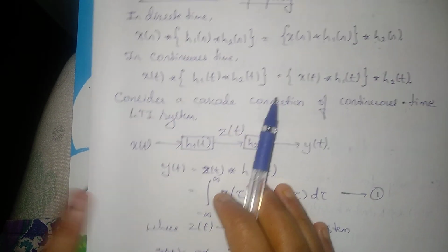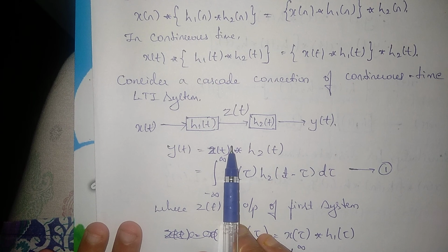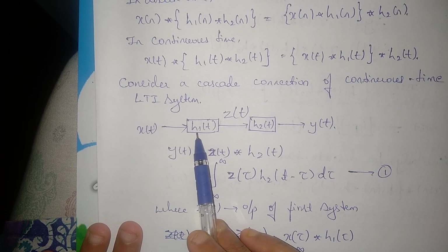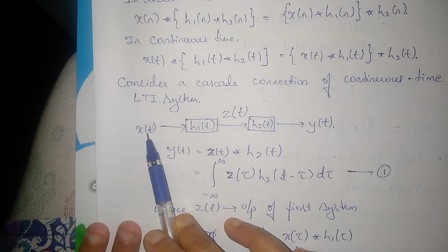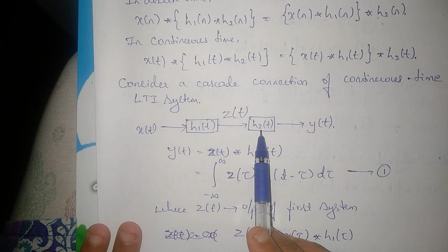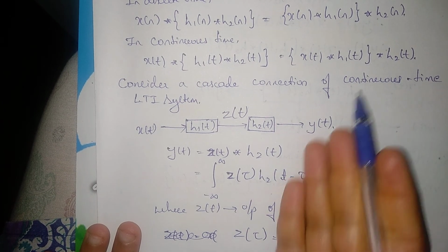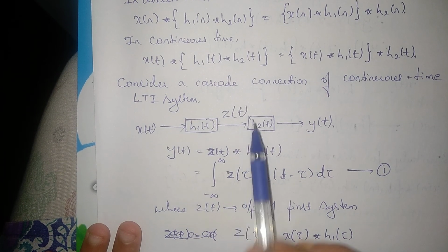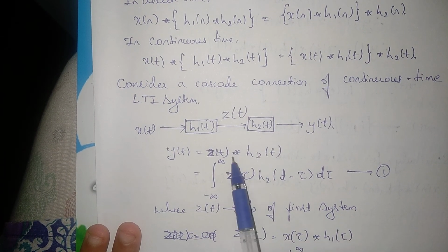To prove that, I am taking a continuous time signal x. First I am taking h1 of t. x of t convolution h1 of t is z of t. z of t convolution h2 of t is y of t. So let me write the equation in this direction. First y of t as z of t convolution h2 of t.